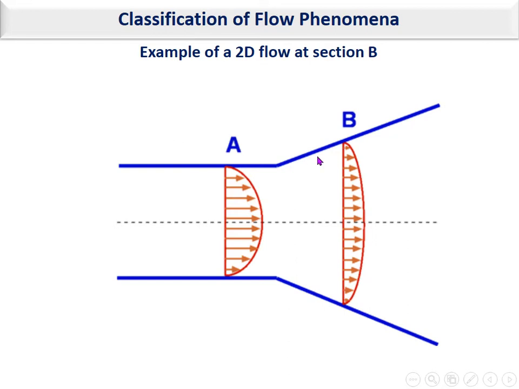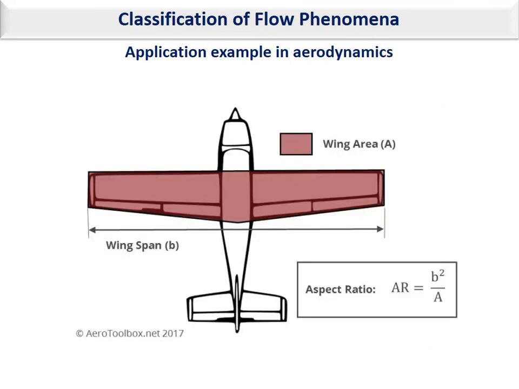But when the cross-section is increasing like the one shown here, then the flow not only depends on R, for example, but it also depends on X, which is the direction I show here. So this is an example of a two-dimensional flow.